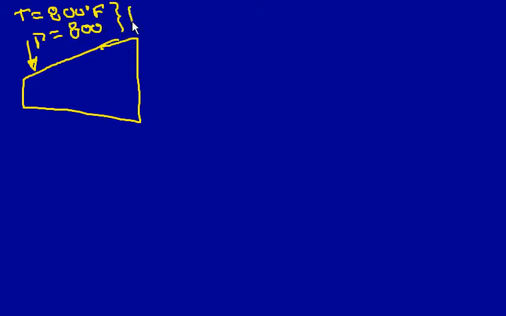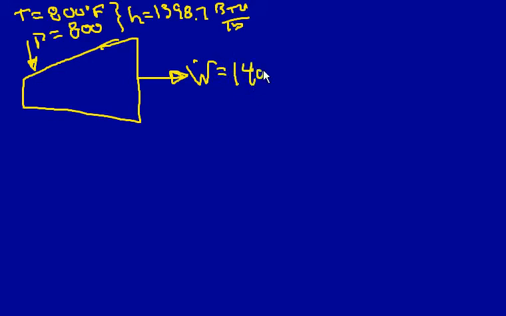At that point, you can look up the enthalpy, which is equal to 1398.7, and that's BTUs per pound. The turbine was producing power. W dot was given as 14,000 horsepower.